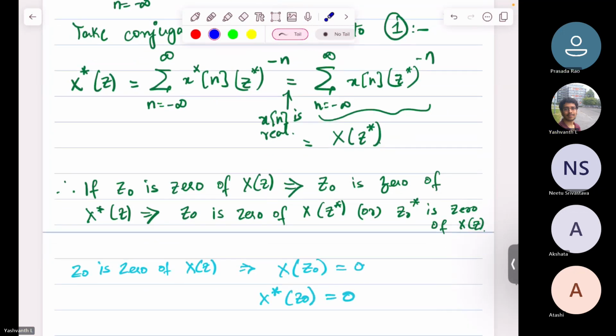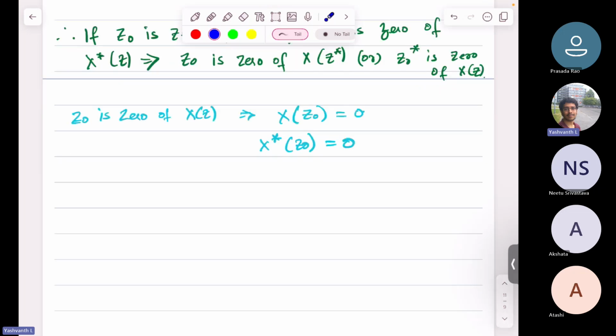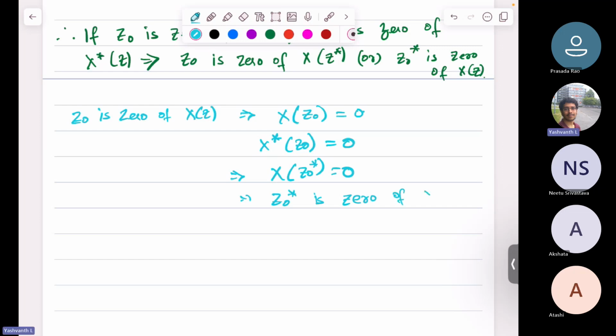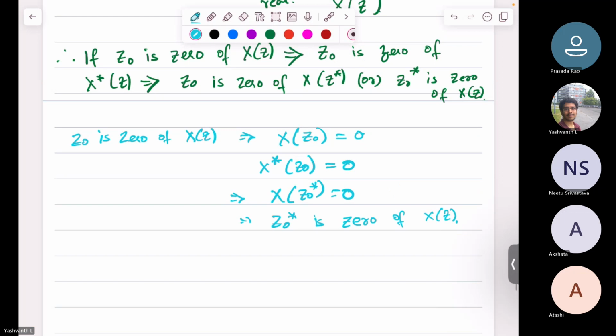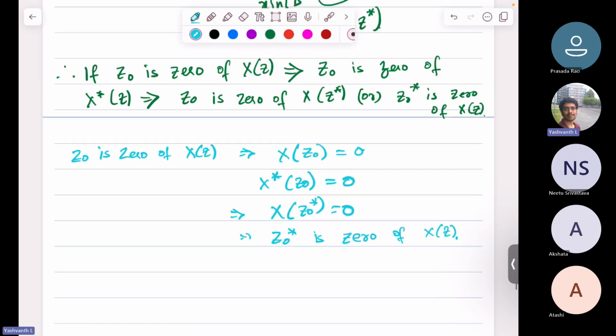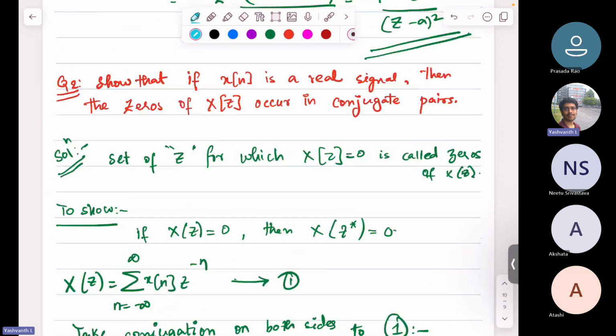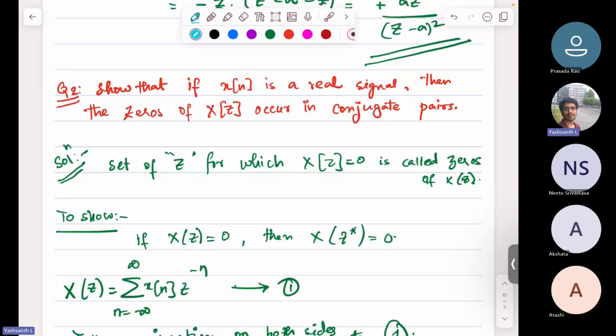This means that it is the same as saying x of z naught conjugate equals 0. That means z naught conjugate is a 0 of x of z. That's the argument I have. So basically the result is that for any real signal, your 0s will occur in conjugate pairs.